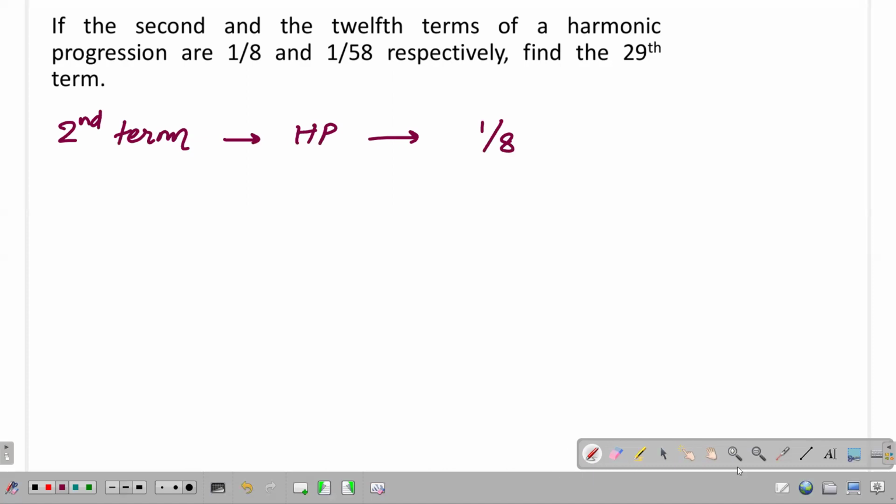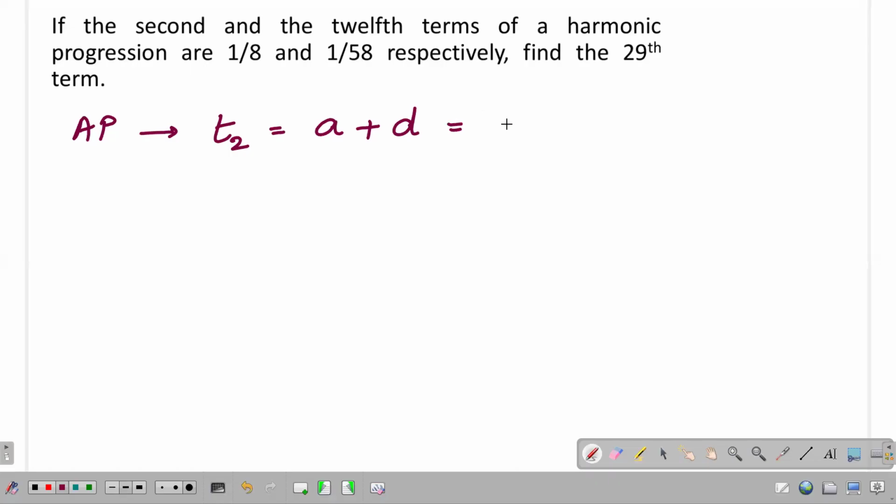From that, what can I infer? In the arithmetic progression, the second term T2, that is a plus d, will be equal to 8.